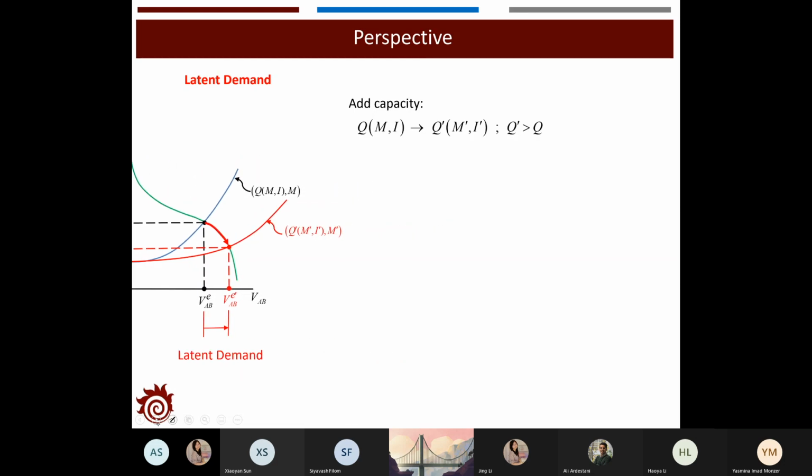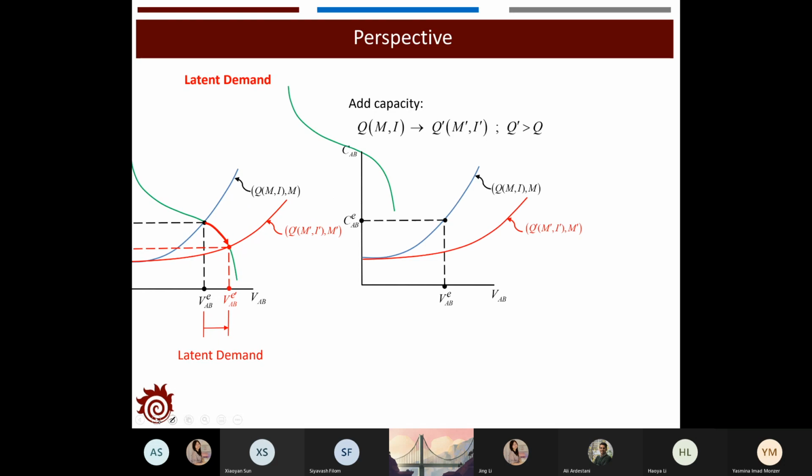So let's consider. Let's remove the previous demand function, and change this one with another demand function. This demand function will represent the entertainment. It will be very sensitive at the median cost. With that, you can see a very large value of the latent demand.